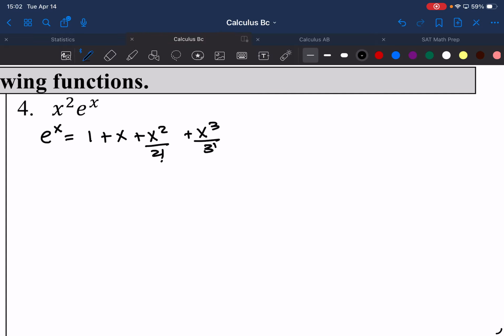So again, I took 1, multiplied it by x squared. I took x, multiplied it by x squared, etc. all the way down the line.